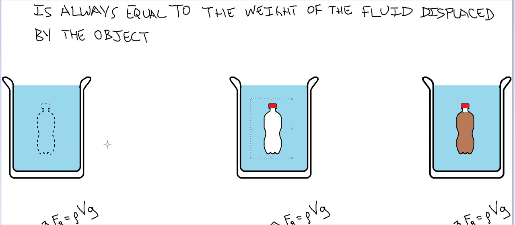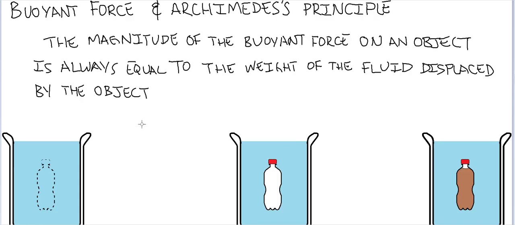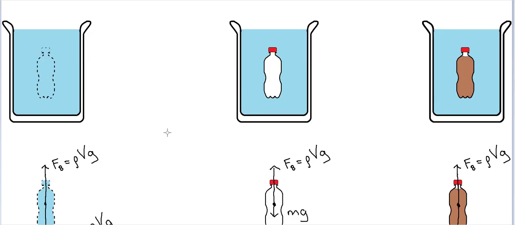What I want to point out is that the buoyant force pushing up on the soda bottle is the same whether the soda bottle is full of air or full of soda. In fact, the buoyant force is the same on the volume of water, even if there is no soda bottle, right? The magnitude of the buoyant force on the object is always equal to the weight of the fluid displaced by the object.